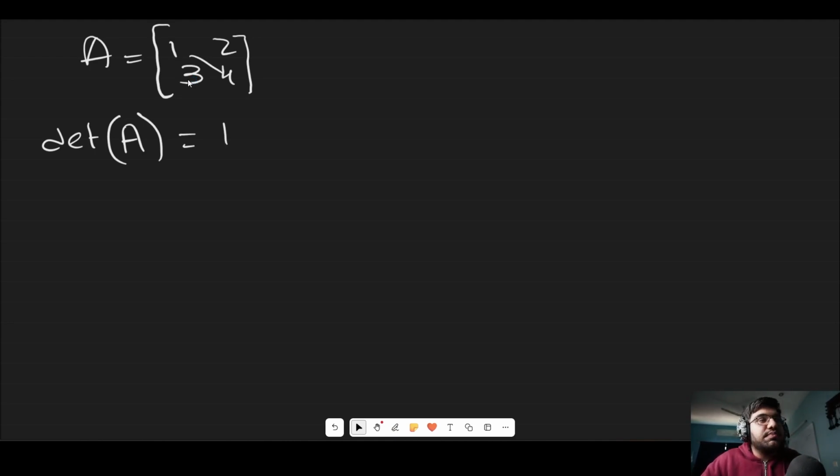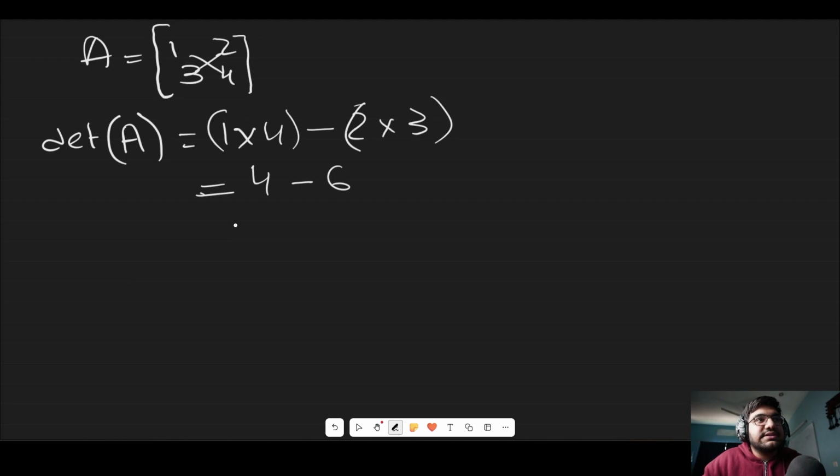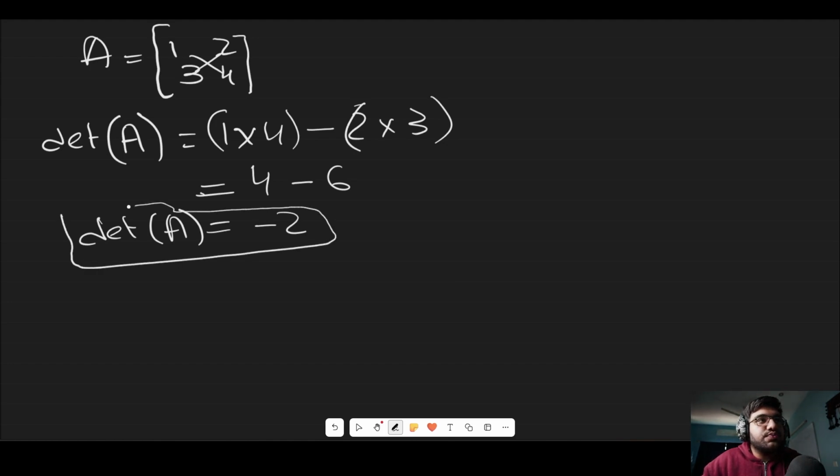For example, the entries in the first diagonal, which is 1 multiplied by 4, then a negative sign, which means that it is subtracted from the other diagonal, which is 2 multiplied by 3. That would become 4 minus 6, which comes out to be minus 2. So the determinant of matrix A is minus 2.